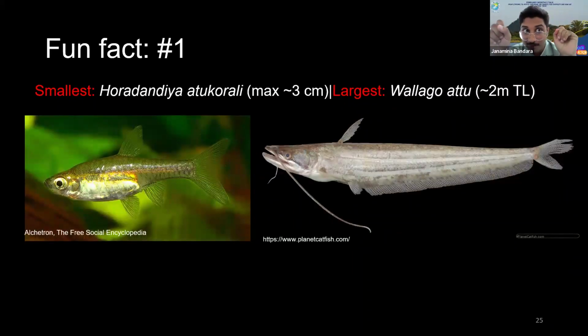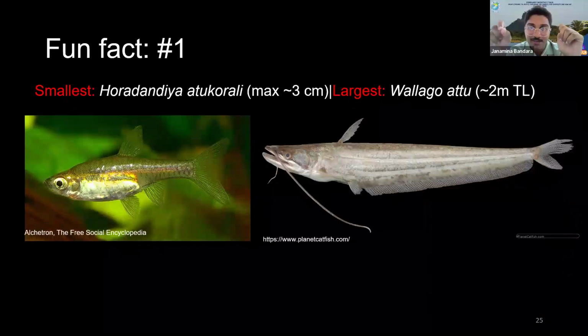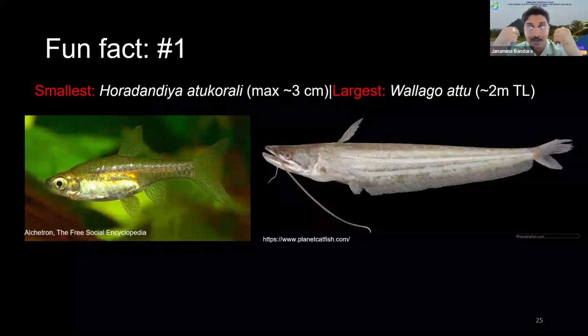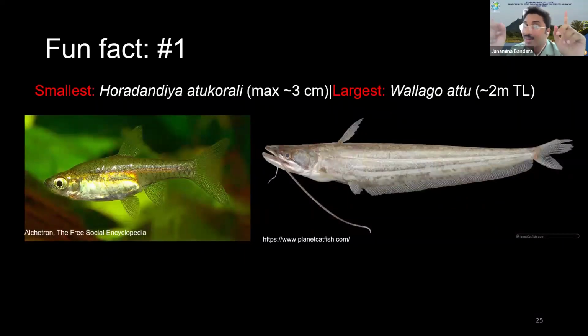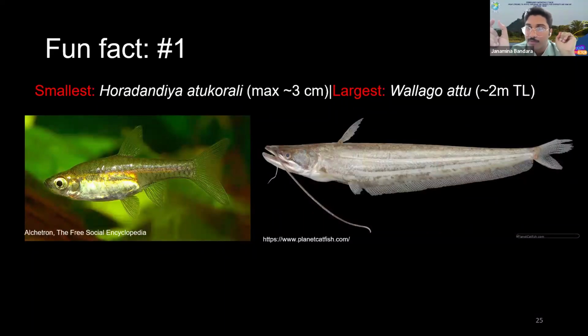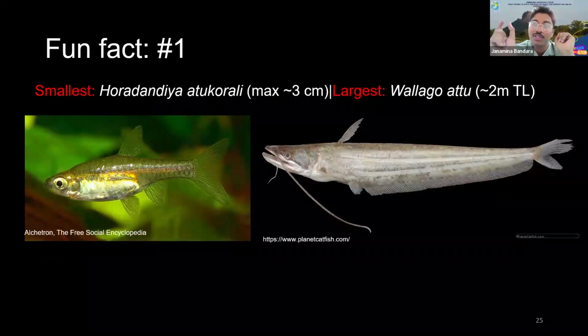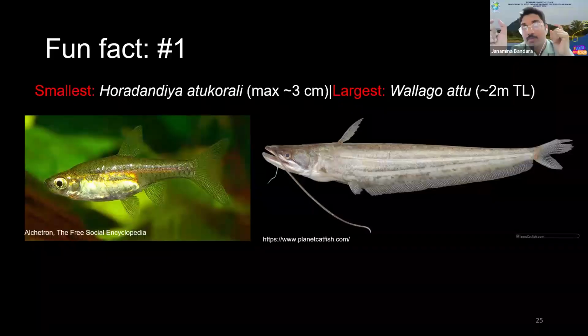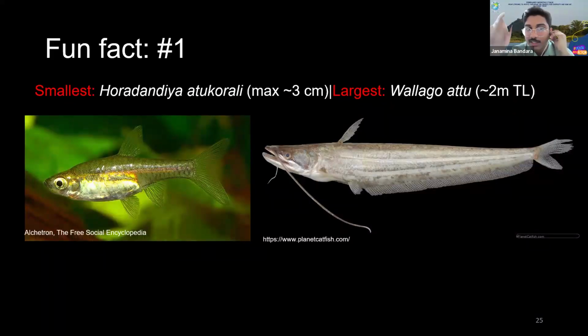And I have put some fun facts. In the Sri Lankan freshwaters, the smallest freshwater fish that you can find, as far as I know, is this Horadandia atukorali species, which is very small, maximum you can find it is 3 centimeters. This species can be found in some parts of the southwest, specifically in the Bentara regions.